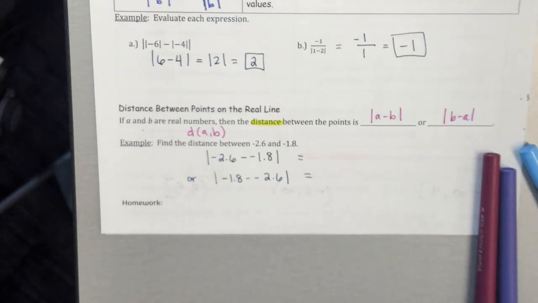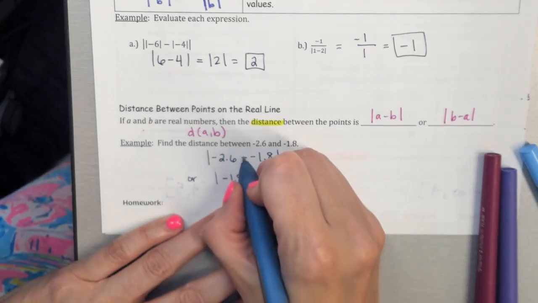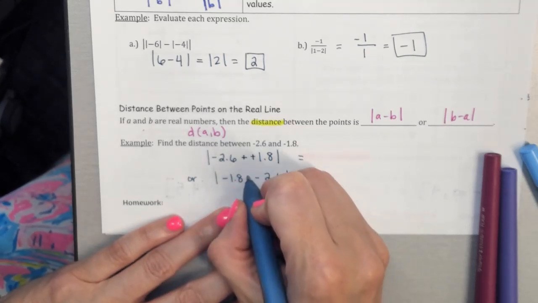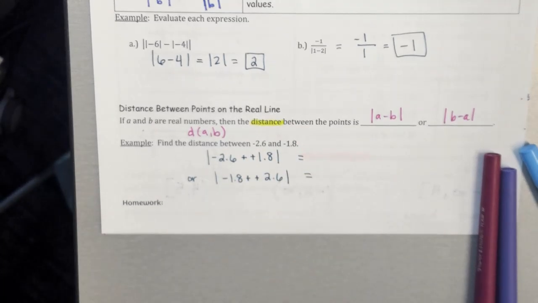And just make sure, remember, when you're subtracting a negative, it becomes plus a positive. And then think about what mental math strategy you're going to use to find that.